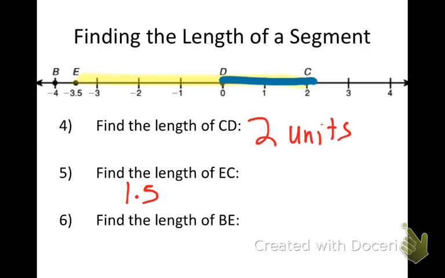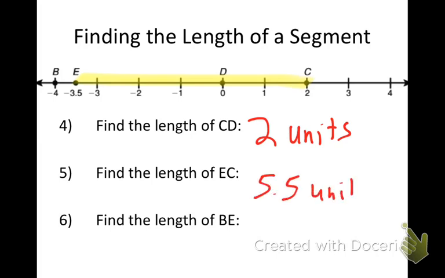Now, is EC shorter than DC? No, EC is not shorter. So would 1.5 make sense? That's one of those where you've got to stop and think. Mathematically you might have made a mistake, because that doesn't make sense. What's the actual answer, Blake? 5.5 units.